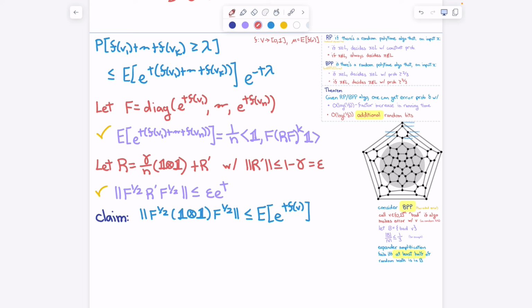And on the right, we have something kind of semantic: the expected value of e to the number of coins if you just chose one uniformly at random. So the left-hand side looks analytical, and the right-hand side is something that makes sense.